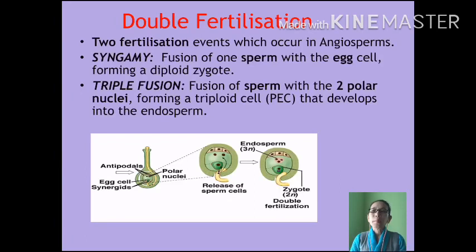The other male gamete fuses with the two polar nuclei, and this type of fusion is called triple fusion. This is because it results in the fusion of three nuclei.